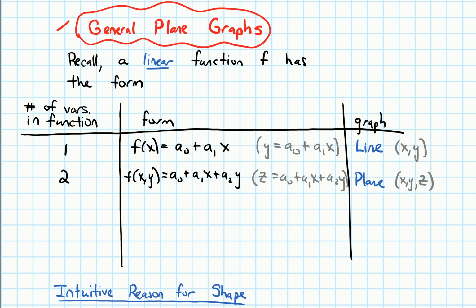And we could keep going like this. So if my function was in terms of n variables, it would have the form f of x1, comma, dot, dot, dot, comma, xn. And its equation would be something like a naught plus a1x1 plus a2x2 plus dot, dot, dot, plus anxn. And this graph we call a hyperplane.